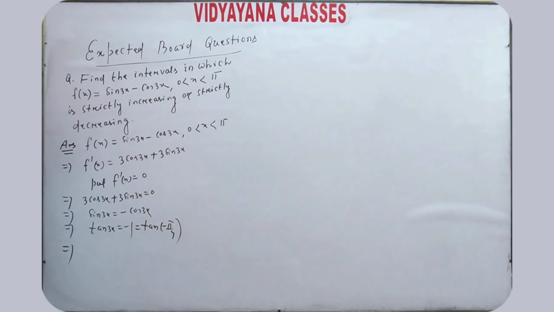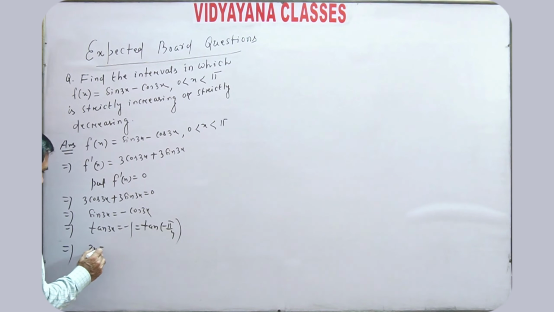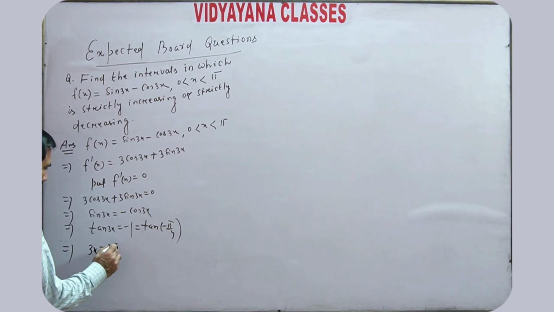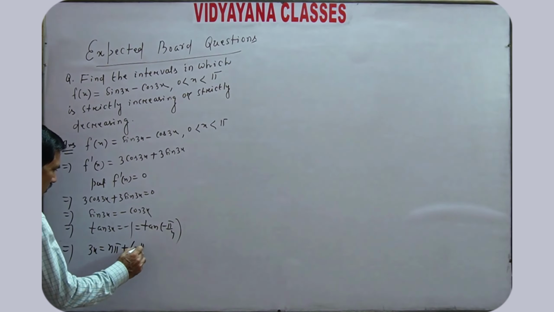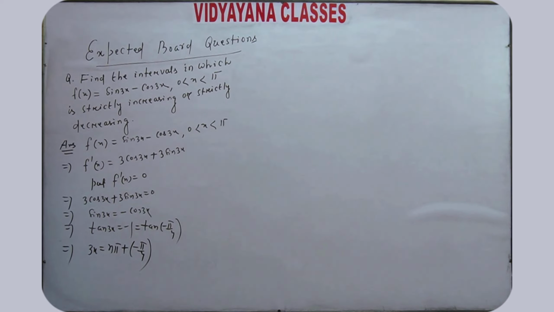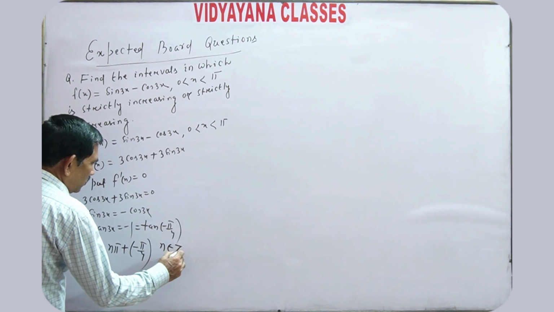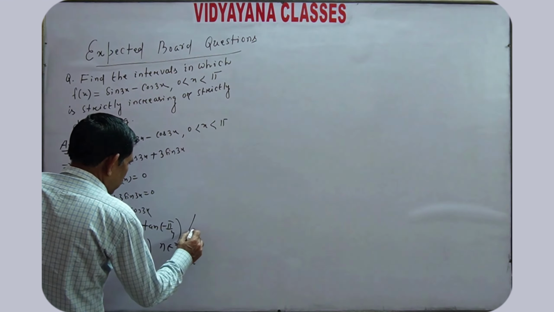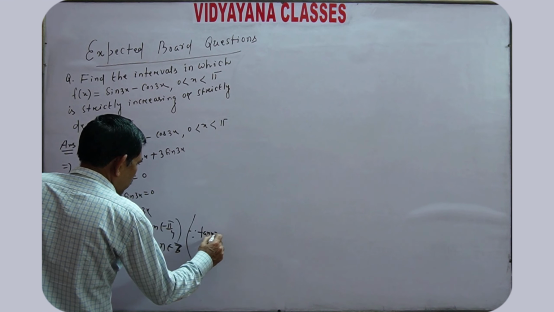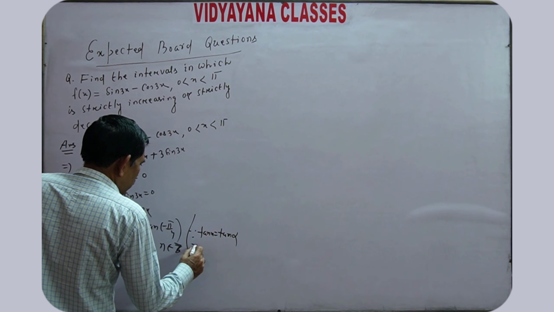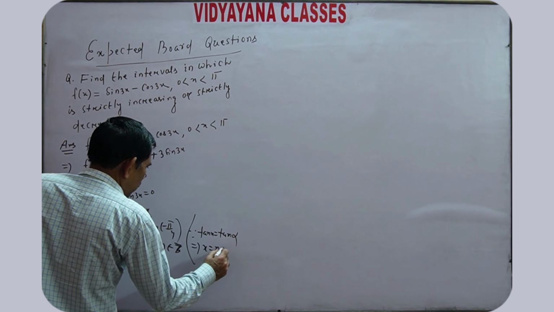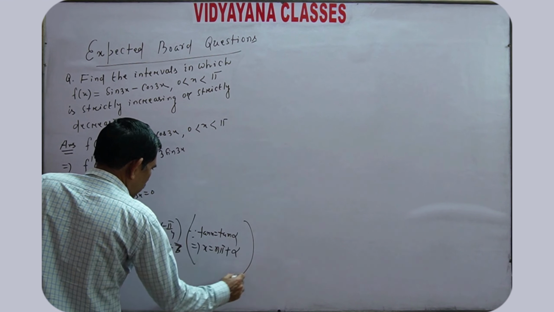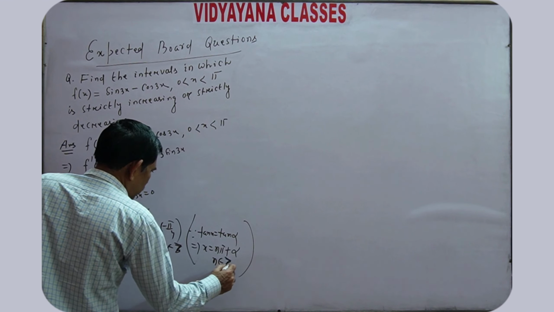Tan x is equal to tan alpha, x is equal to n pi plus alpha. Here x means 3x, n pi plus alpha, alpha means minus pi by 4. n belongs to Z set. Since tan x is equal to tan alpha, x equals n pi plus alpha, n belongs to Z set.